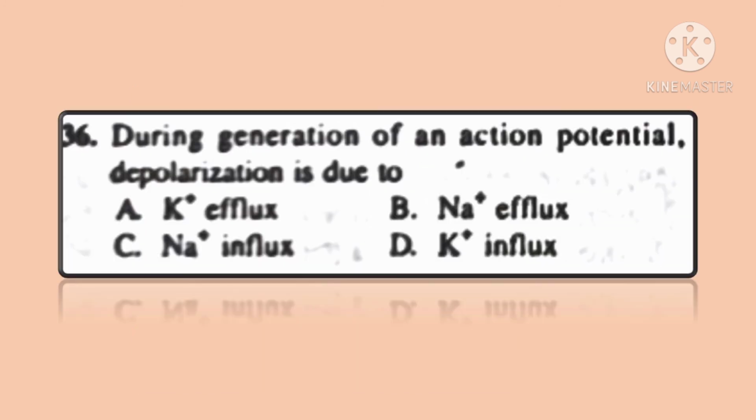Next question is, during the generation of an action potential, depolarization is due to option A, potassium efflux, option B, sodium efflux, option C, sodium influx, and option D, potassium influx. Let's analyze a diagram. After that we can answer this question.